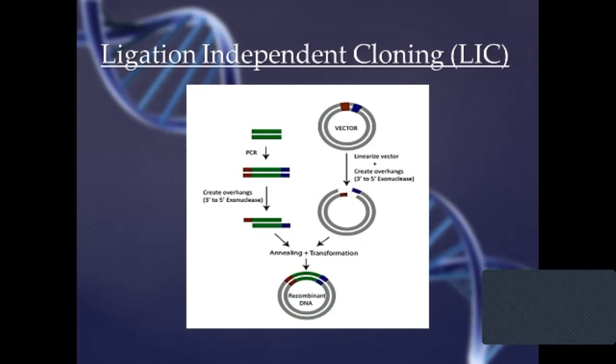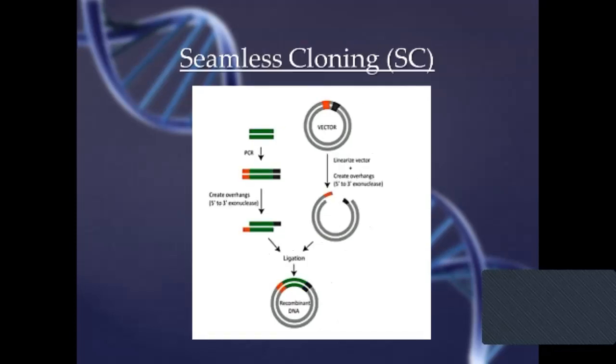The two materials are then combined for annealing step. During transformation, the host organism repairs the nicks on the recombinant DNA. The advantage of this method is it won't create any new restriction sites or unwanted sequences in the final DNA construct. Once we have understood these, we will next go to the seamless cloning method.